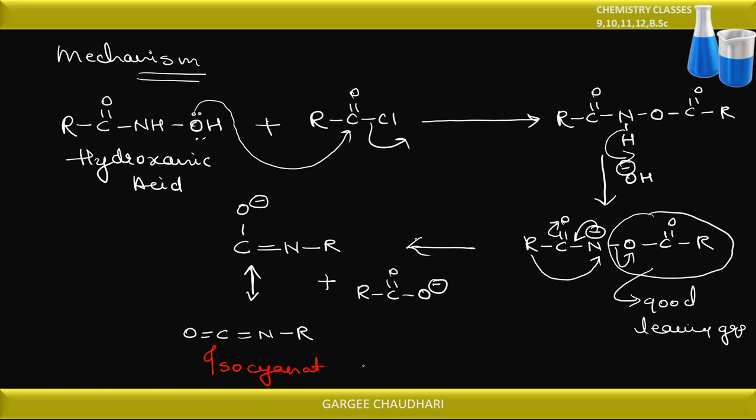Isocyanate group on further hydrolysis, इसका जब further hydrolysis होता है, we get our amine plus CO2. This is amine. This is the mechanism of the Lossen rearrangement.